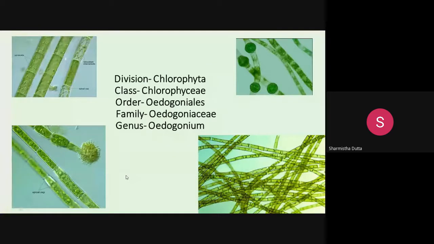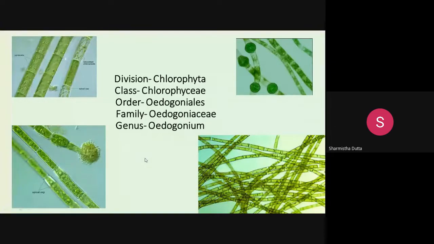Those who have just joined the class, for today's class, this is the first class. We will quickly summarize what we are studying today. The form which we are studying is called Oedogonium. Those who have not taken down the classification, please take it down quickly.